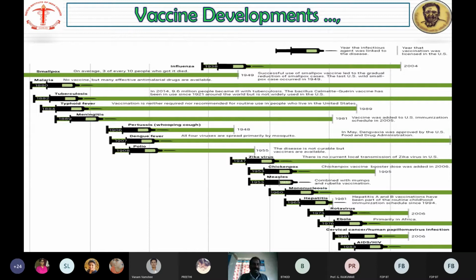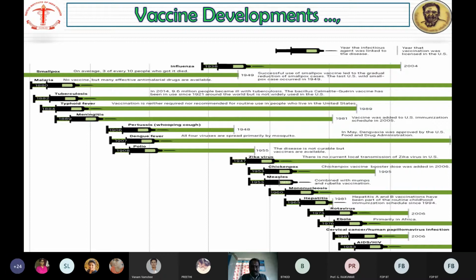Malaria, we identified in 1880, and still there is no vaccine. But many effective anti-malarial drugs are available. That drug was also used recently for COVID-19 as a repurposed drug. Tuberculosis, we identified in 1992, still there is no proper vaccination. Typhoid fever was identified in 1884, and in 1918 we got very good, successful results.